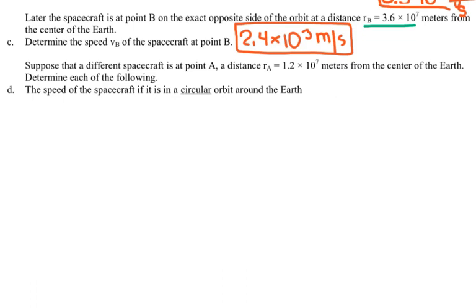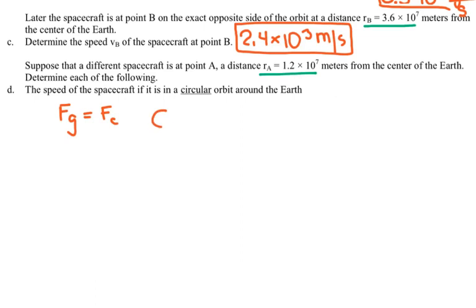For D, they say, suppose that the spacecraft is at point A at distance r equals 1.2 times 10 to the 7th meters away from the center, so the same distance from the Earth. Determine the speed of the craft if it is in a circular motion around the Earth. So if it is a circular motion, then your force of gravity is equal to your centripetal force.